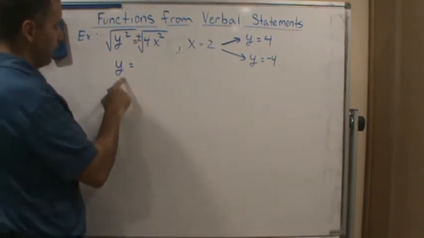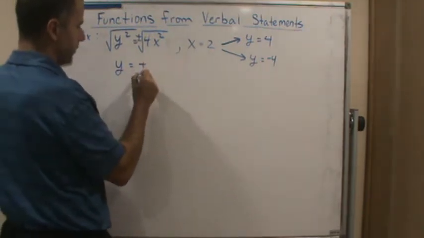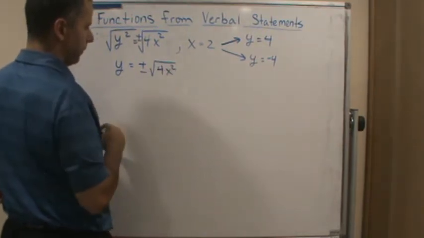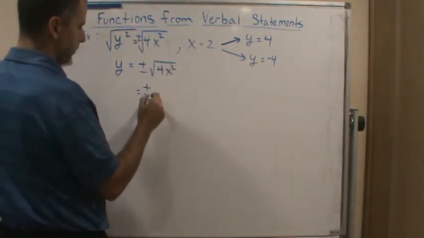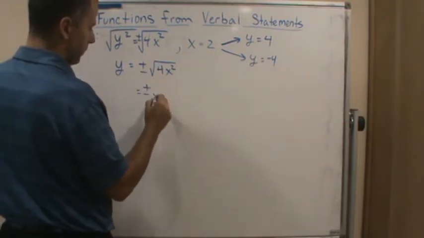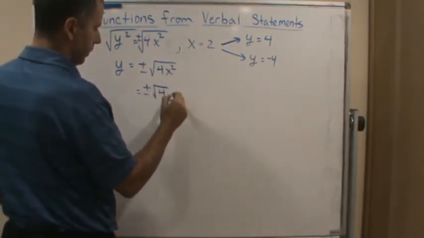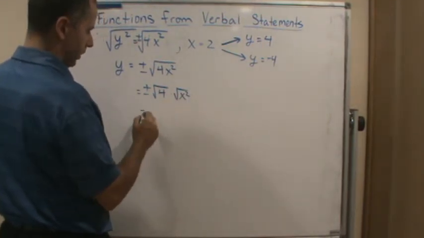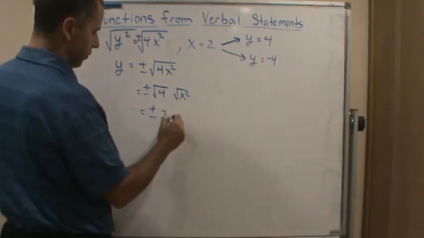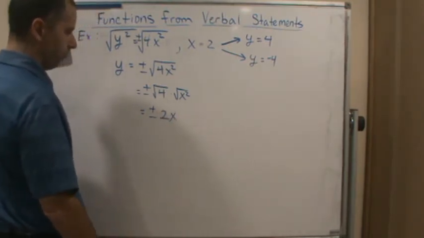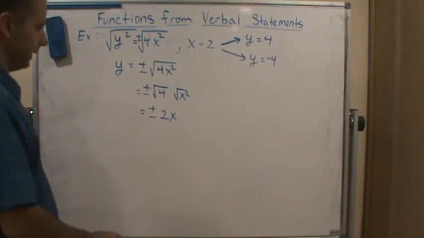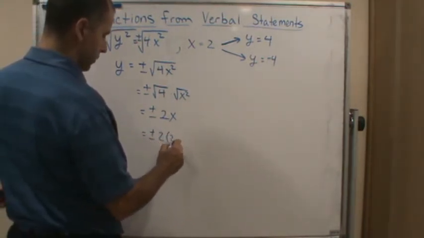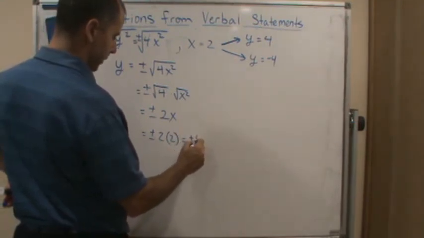So y equals plus or minus the square root of 4x squared, which is equal to plus or minus the square root of 4 times the square root of x squared, which equals plus or minus 2x. Which means I get plus or minus 2 times 2, which equals plus or minus 4.